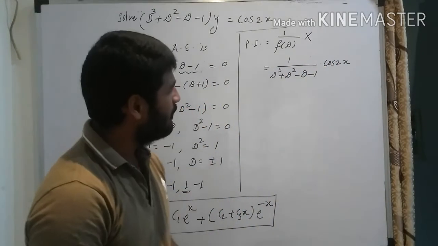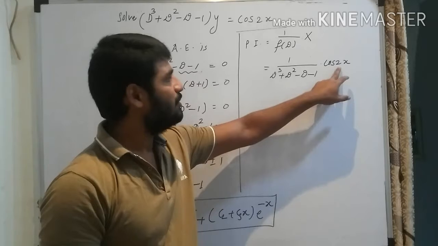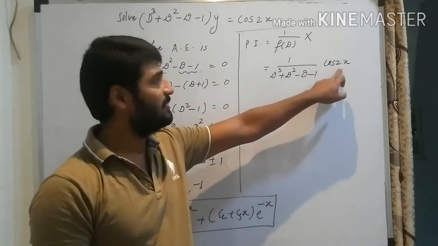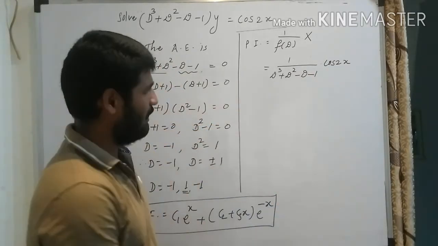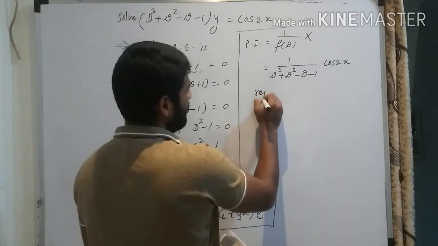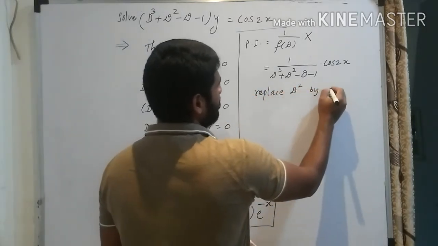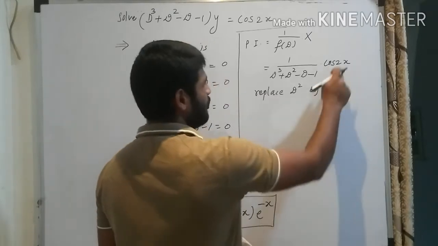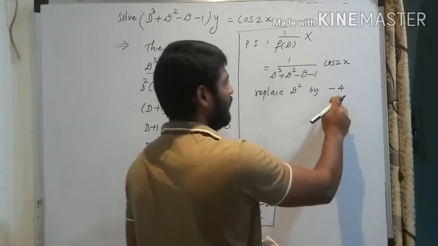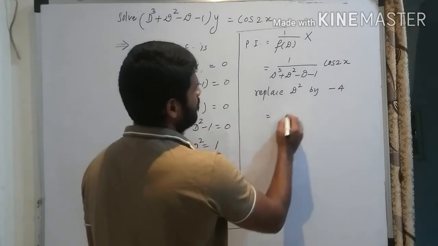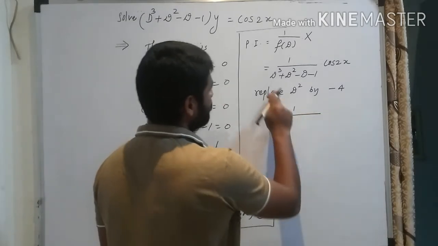Here a is equal to 2. When capital X is cos or sin, replace d square by minus a square. So here we replace d square by minus 4, because a is equal to 2 and its square is 4. So we get 1 upon here.